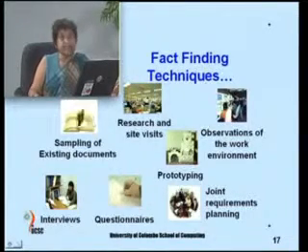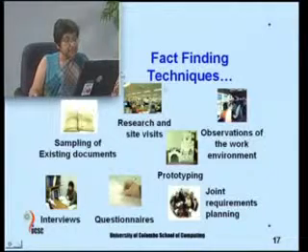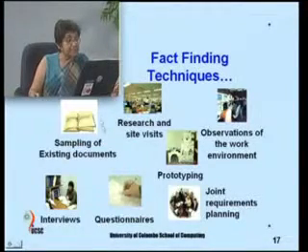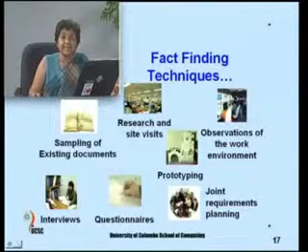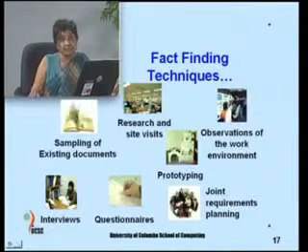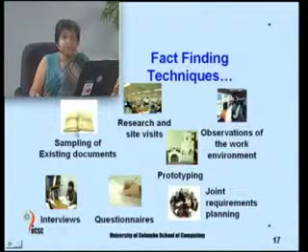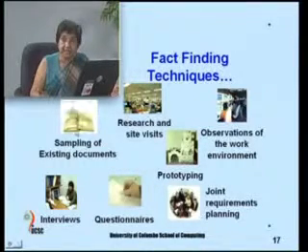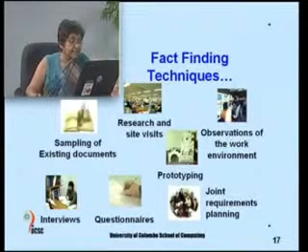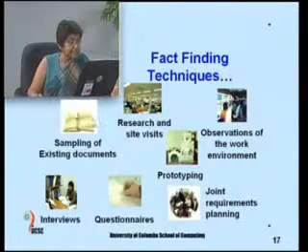Then what are the fact finding techniques that we use? The most important way of doing it, or the easiest, is sampling of the existing documents. Like if you take a sales system, you will see invoices, goods dispatch notices, purchase orders, that kind of thing, and then you will see your customers' details.